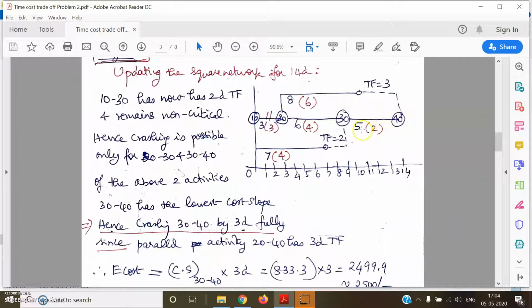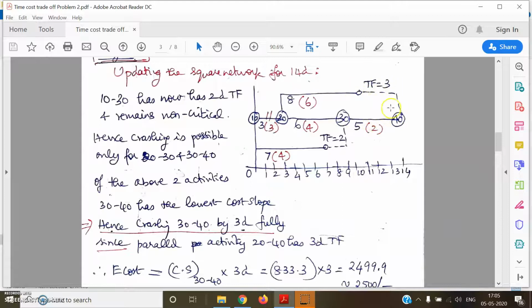So we can completely crash 30-40 by 3 days, because the parallel non-critical activity 20-40 has 3 days of total float. 10-30 will not impact the crashing of 30-40. Its crashing will impact 20-40 only, because that is the parallel non-critical activity for 30-40.